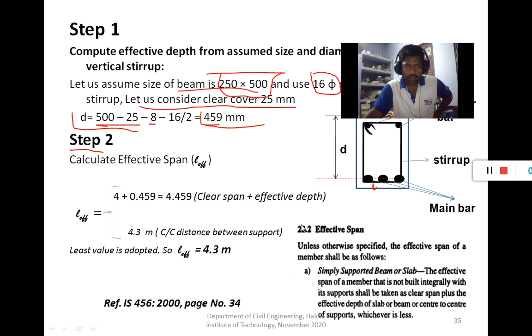To compute the effective span, the guidelines are given in IS 456:2000, on page number 34, clause number 22.2. You just go through the code and read the effective span provisions that are given, and check them.